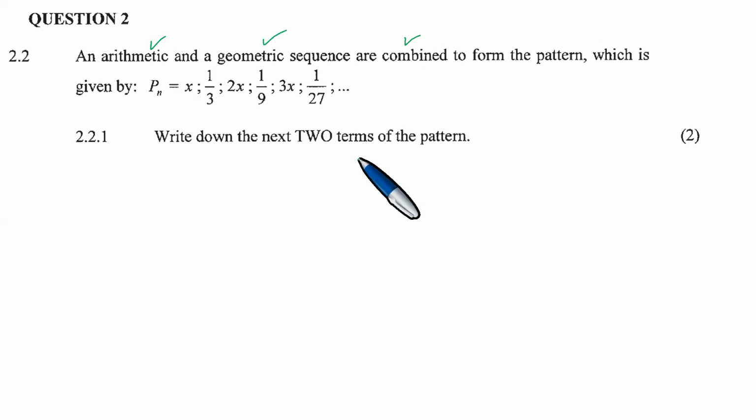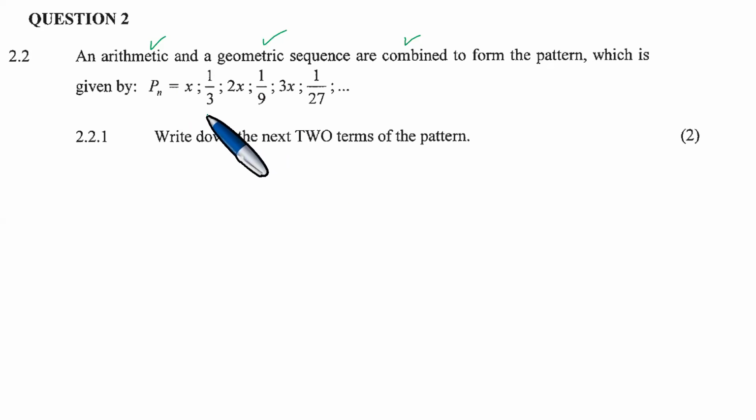So sometimes they combine arithmetic and geometric sequences to form a single pattern, which is given by P subscript n, which equals x, 1/3, 2x, 1/9, 3x, 1/27th, and so on. And the examiner is saying, write down the next 2 terms of the pattern. What are the next 2 terms of the pattern?